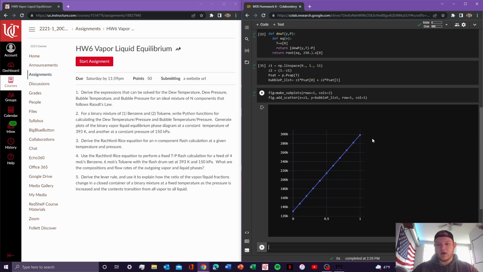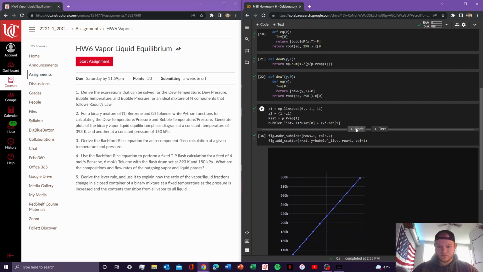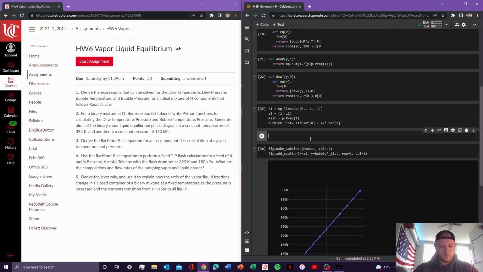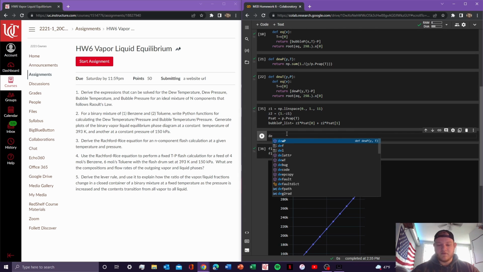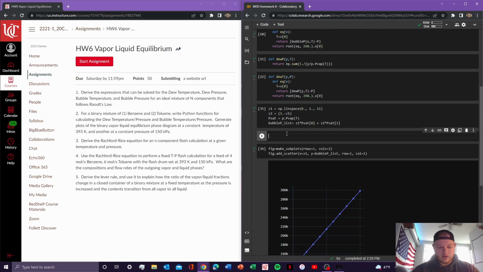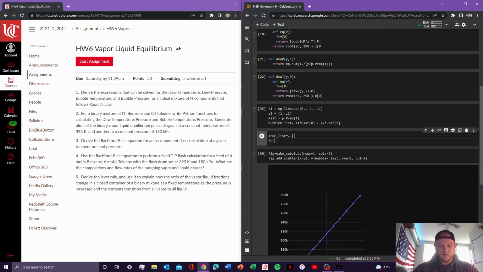Now we can do the dew point. So let's add that. Since we have both of these arrays here, we just need to basically do the dew point function for them and then append that list. So we need to do pressure lists, make that an array, and then for what do I want to call this?